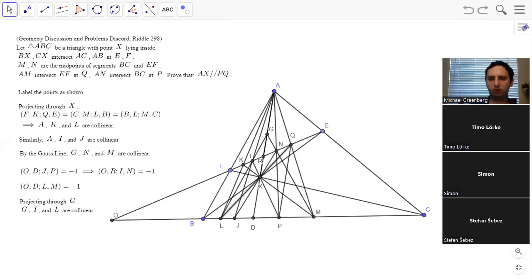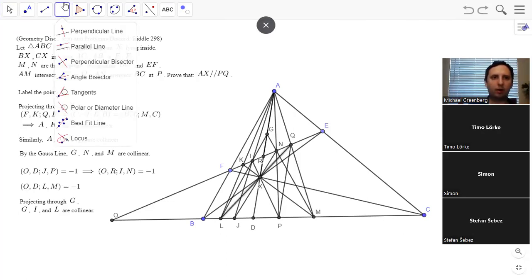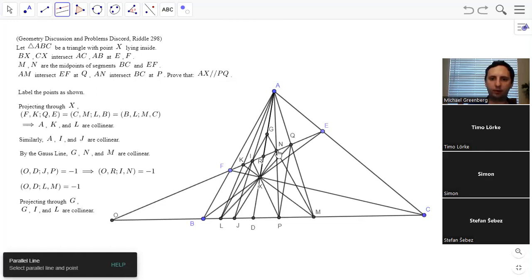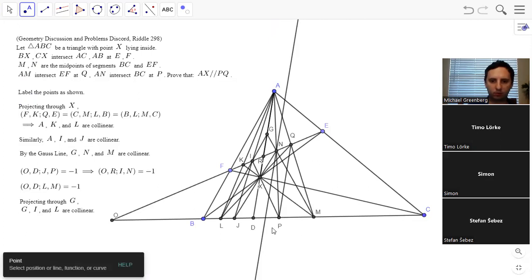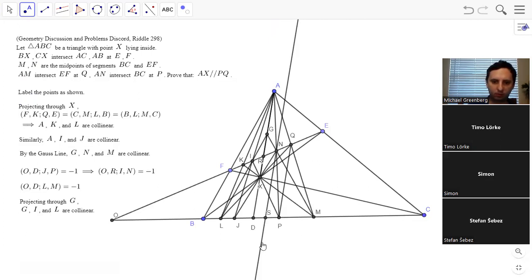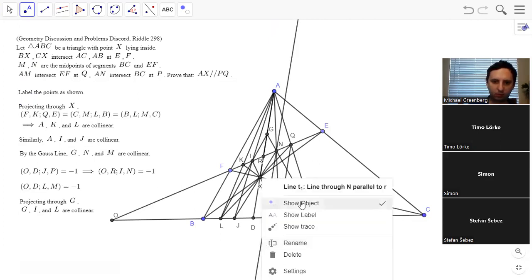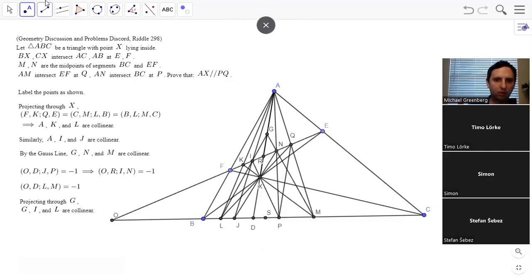Drawing the parallel through N to AD. Then intersected with BC. Okay, now we have that LPSM is harmonic.